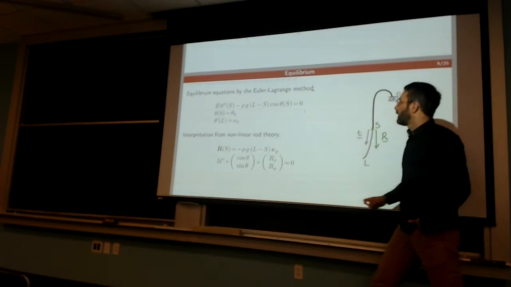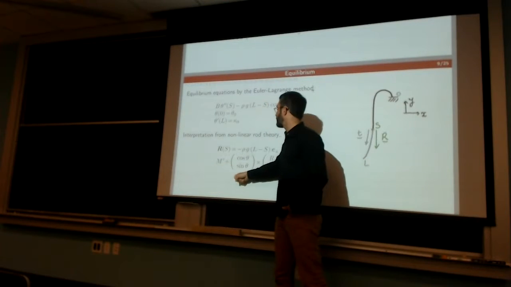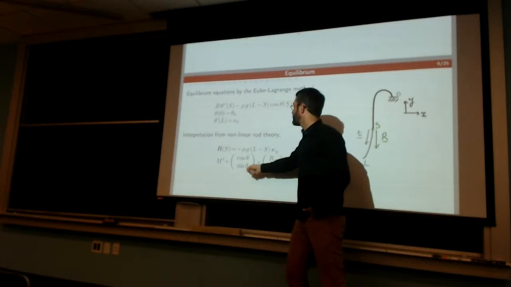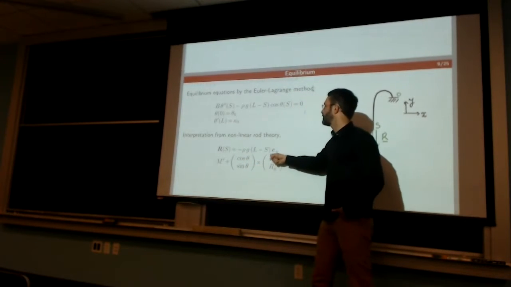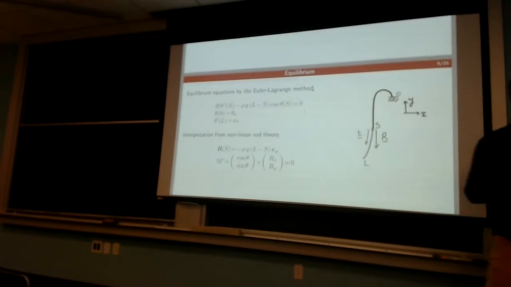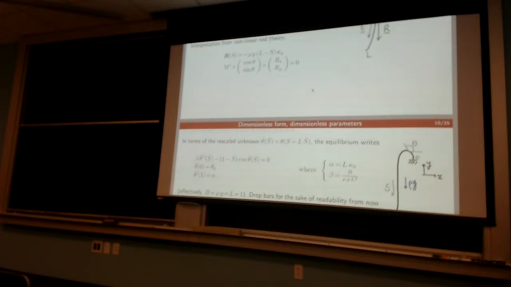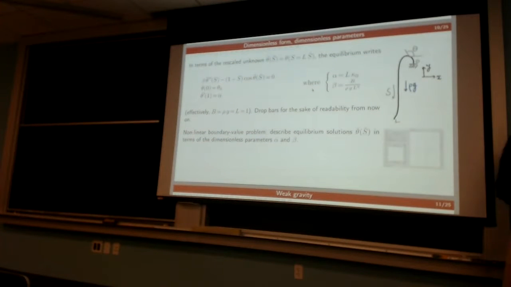And for an elastica, the equilibrium of moments, the derivative of moment plus tangent cross internal force equals 0, is exactly this equation. So either using the general rod theory or the Euler-Lagrange variations, you get to that equation.